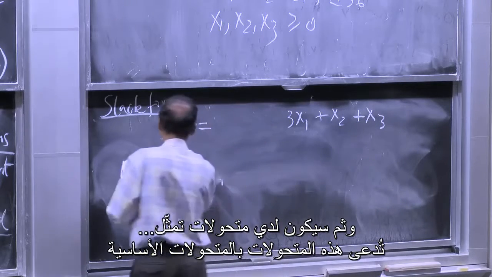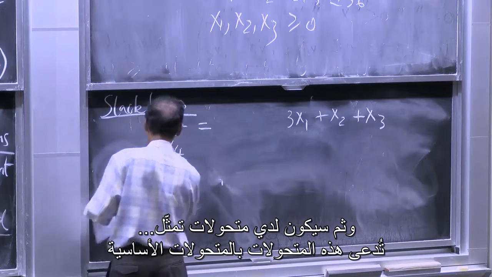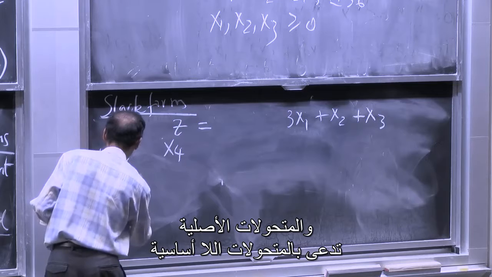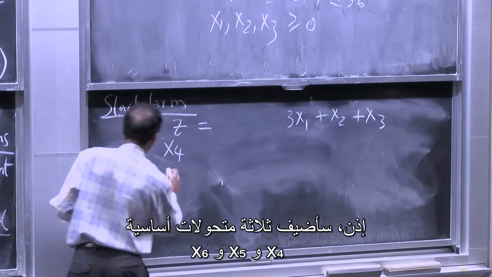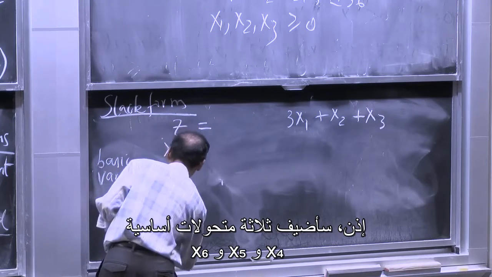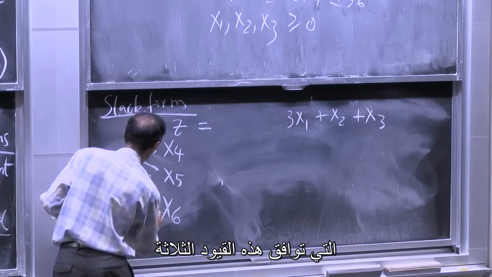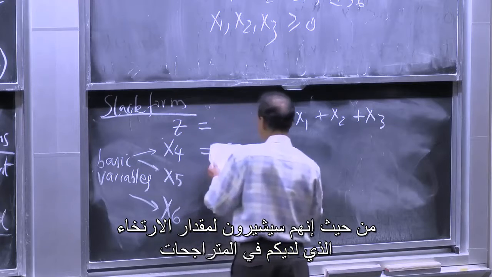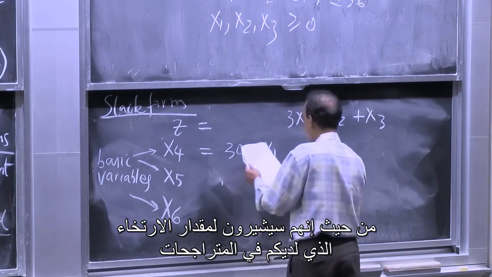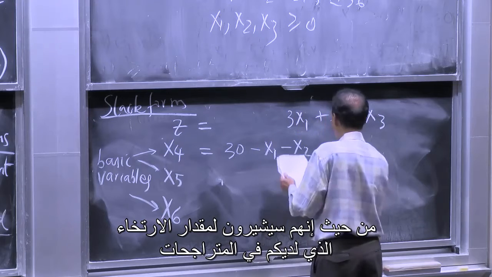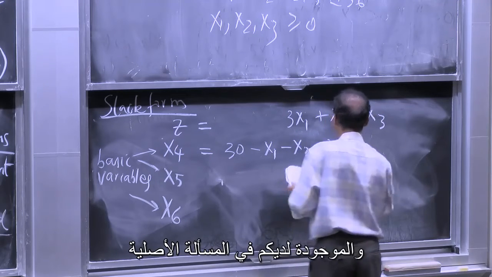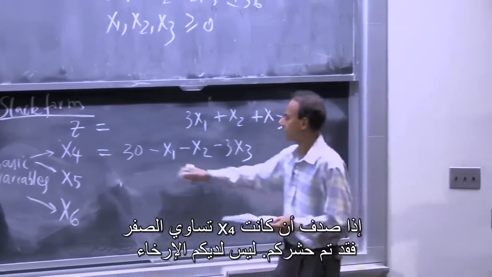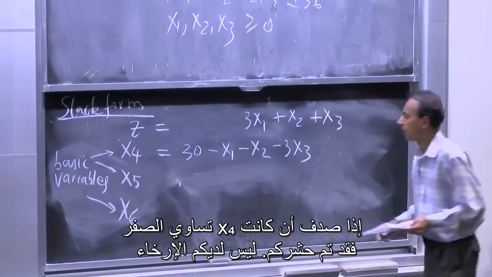And then I'm going to have variables that represent, these are called basic variables. And the original variables are called non-basic variables. So I'm going to add 3 basic variables, x4, x5, and x6, corresponding to these three constraints, and they're going to represent slack in the sense that they correspond to how much slack you have in the inequalities in the original problem. So if x4 happens to be 0, then you're jammed up.